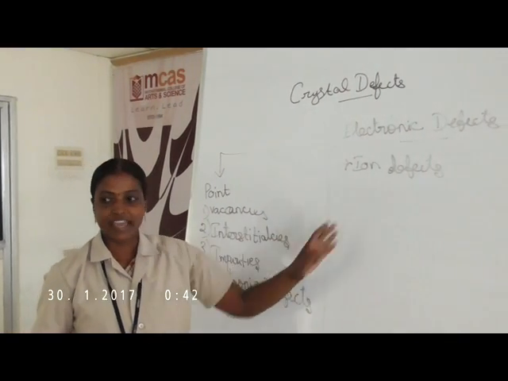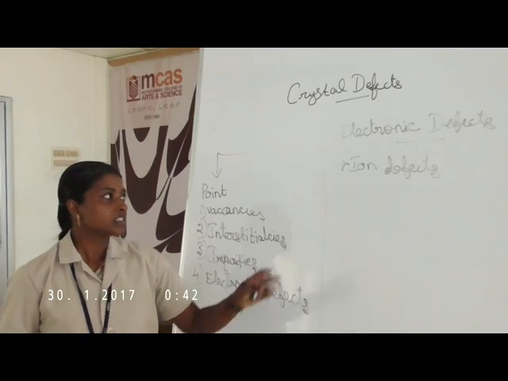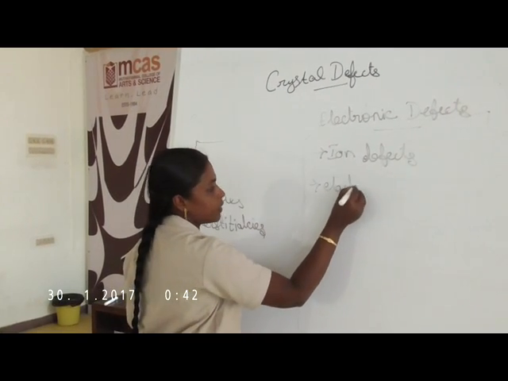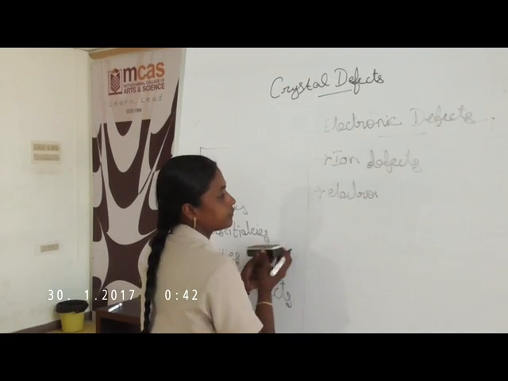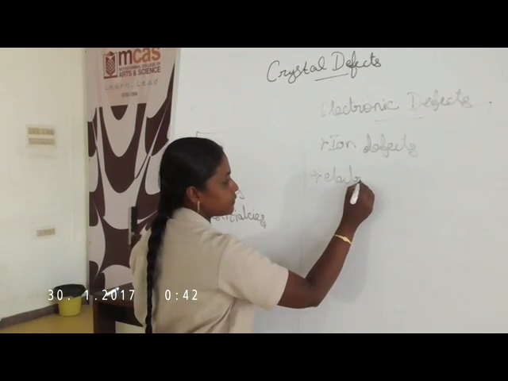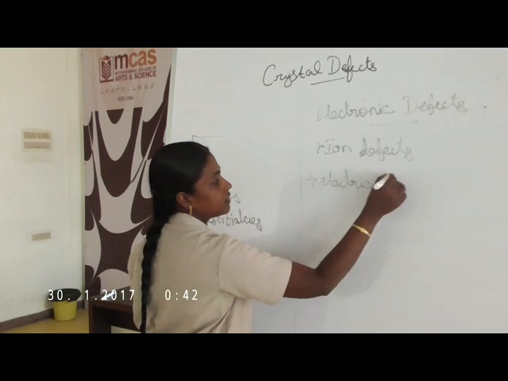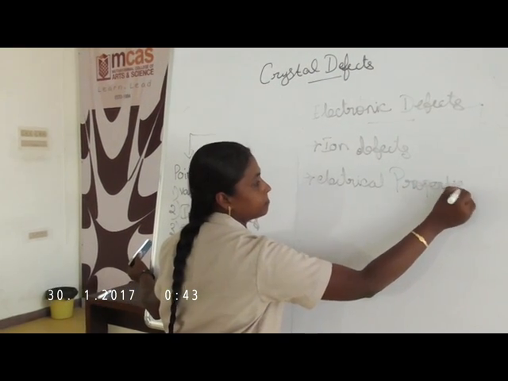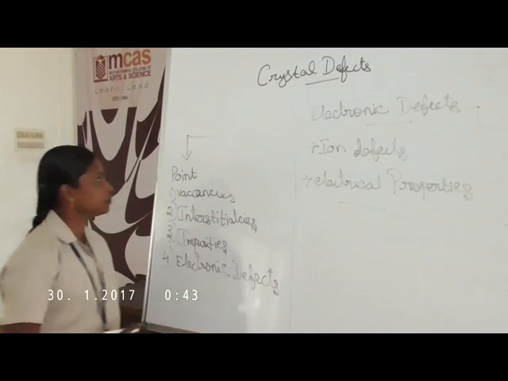These ions can freely move in a crystal. This affects the electrical or electronic properties of a crystal. Electronic defects affect the electrical properties of a crystal. So that's all about point defects.